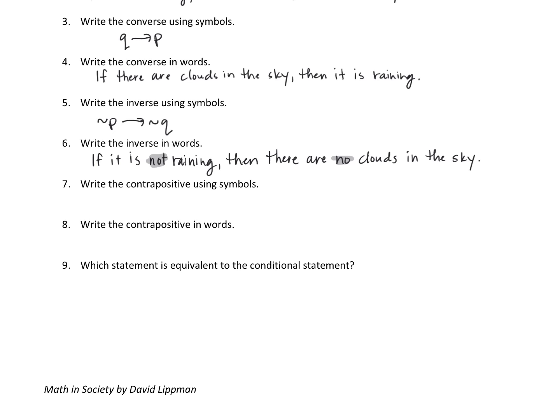Okay, number seven, write the contrapositive using symbols. So this is when you switch the order and you negate them. So this is not Q implies not P. So this would be if there are no clouds in the sky, then it is not raining.